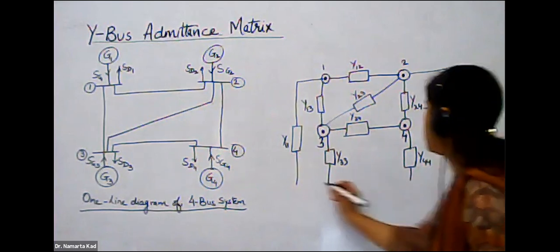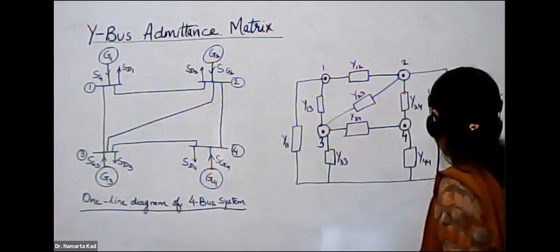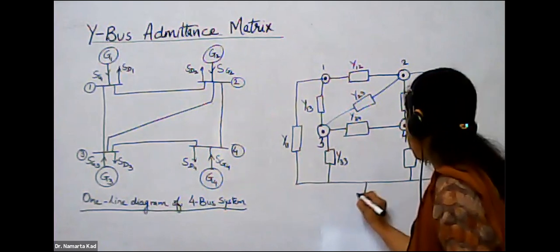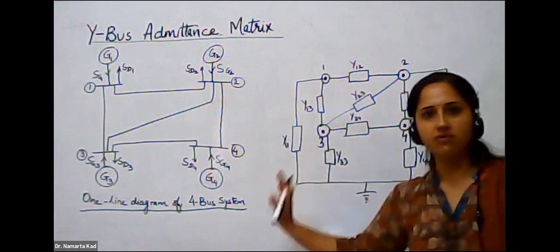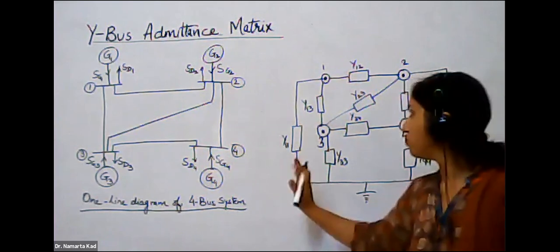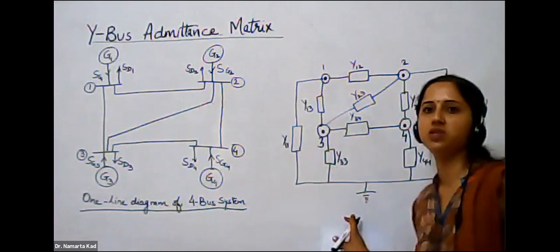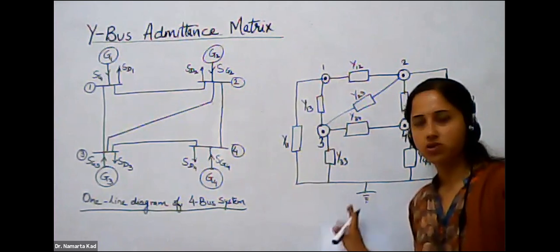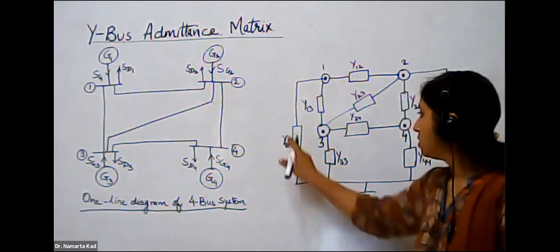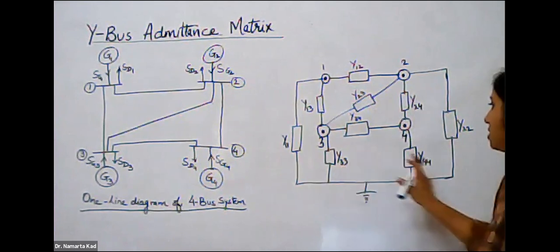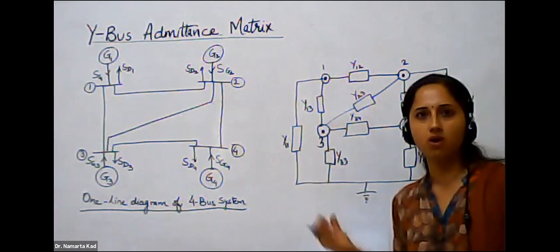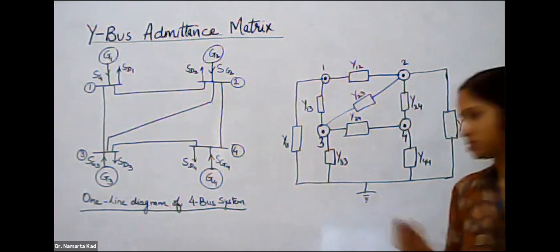All these admittances are grounded, because these are the self admittances and they are connected between each bus and the ground. So that's why these are called Y11, Y22, Y33 and Y44.